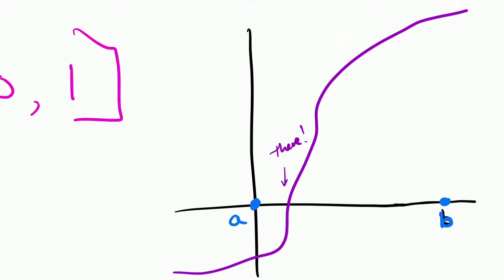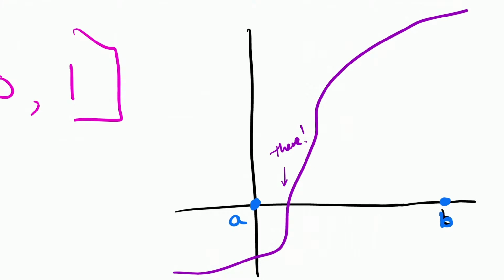We need the function to be continuous. It's essential. If your function is not continuous, then you could start out down here and just pop up there, like a wormhole or something, and not cross the x-axis. So it's got to be a continuous function.